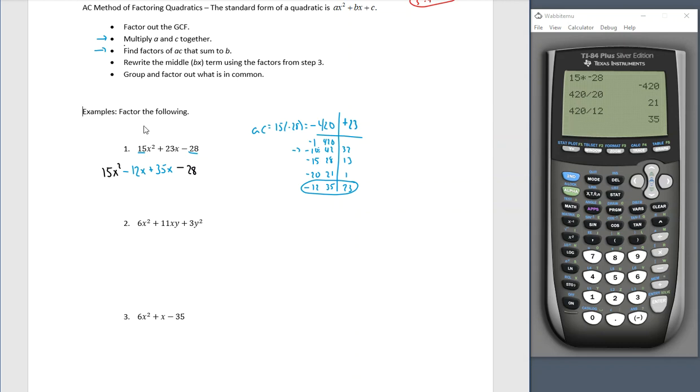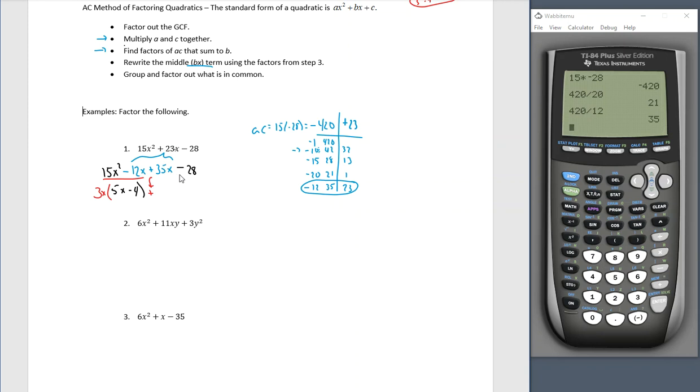I am going to erase these little blue marks to indicate better that positive 23x has been rewritten in terms of the middle term from our factors over here. And now we'll use factoring by grouping. So we'll group these first two, and it looks like they have a 3x, leaving behind 5x minus 4. Use the sign in the middle.